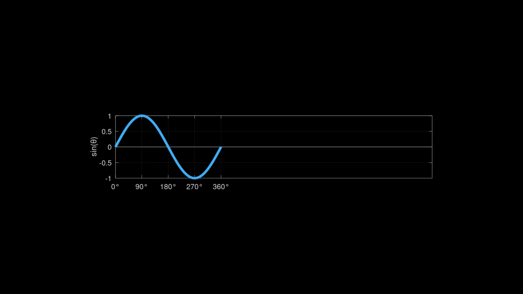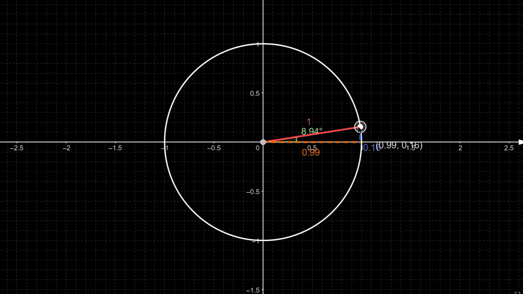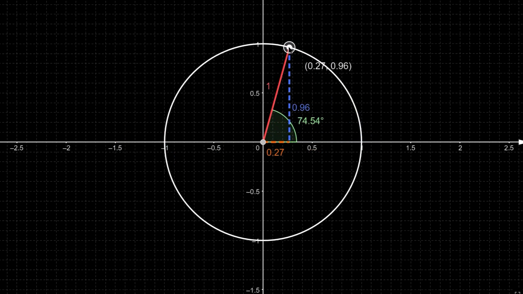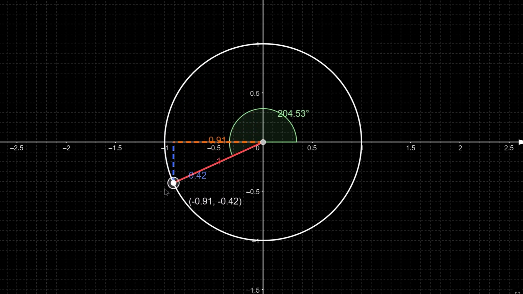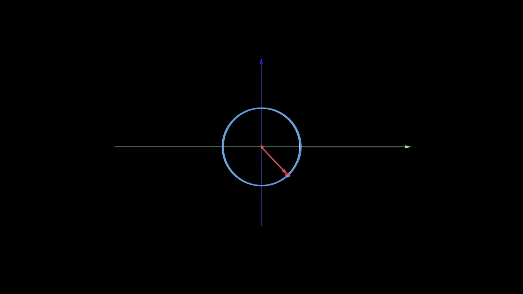And if we calculate the sine of angles greater than 360 degrees, the pattern simply repeats. A gradual increase in angle is basically a circular rotation. And we can consider the sine wave as a single dimension of the circular rotation.